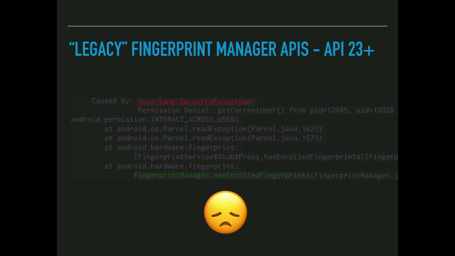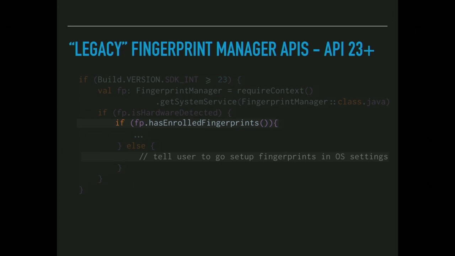So you generally always want to call is hardware detected first, and only if that's true, then call this, and that will protect you from those API 23 devices that didn't have fingerprint hardware but will throw an exception when you call has enrolled fingerprints. Obviously, if they don't have the hardware, they don't have fingerprints enrolled, and it should have just returned false, but that will happen on some devices, so something to be aware of there. So like I said, if they don't have the fingerprints, you can just tell them to go into the OS settings and add their fingerprints.